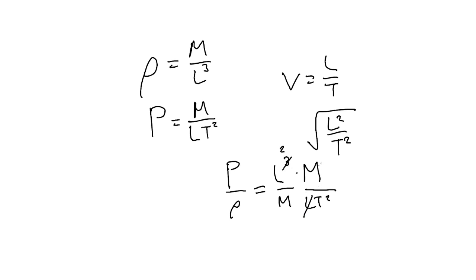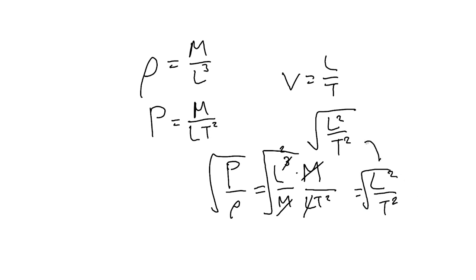This is now L squared. Cross these out. Now we're given L squared over T squared. If we just take the square root of all these, how convenient is that? And this becomes this. In the end, remember that this is B for bulk modulus. So our final answer is going to look something like that. And that was a little bit simpler, just because of how convenient it was.